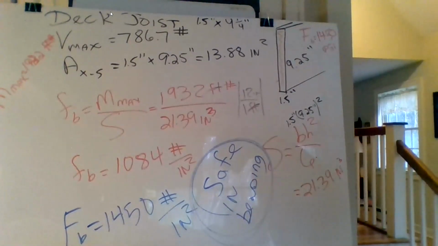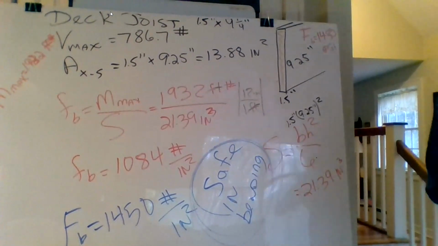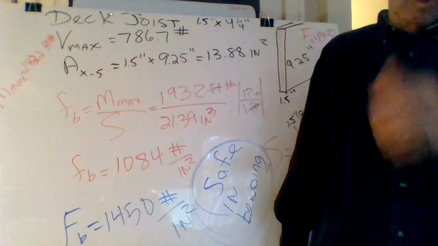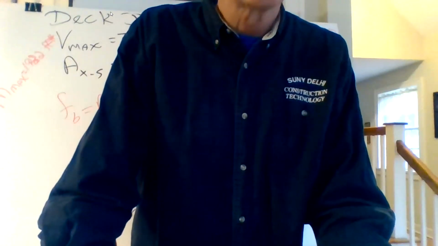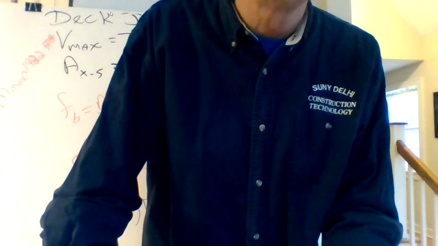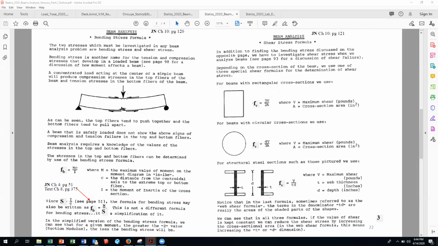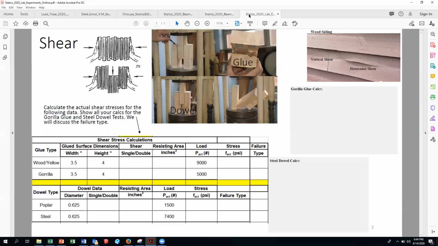Sounds good. So I'm just going through my checklist: the shear lab data. Let's go with sharing the screen. A new share right to here. And we have the lab.